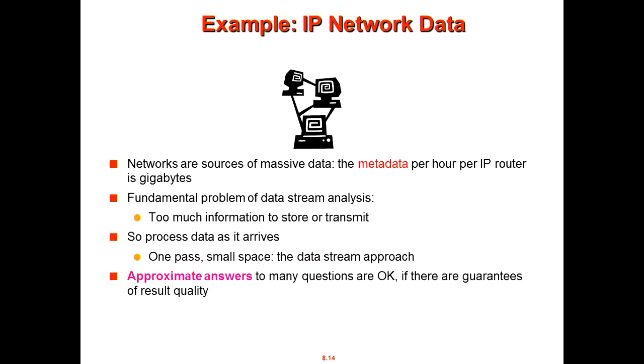In order to process the data, we can only do a one-pass sequential scan and use very limited space to store the data summary. Based on this, we can provide approximate answers to the question. Normally, these approximate answers have performance guarantees based on probability theories.